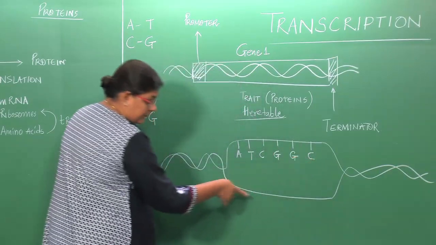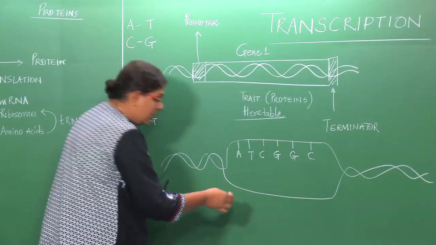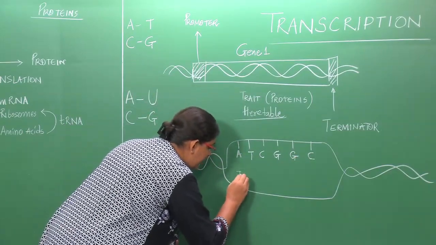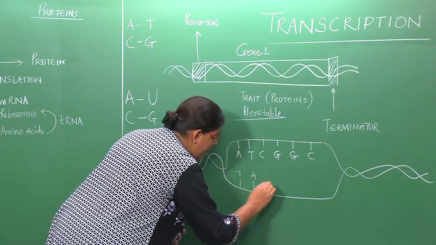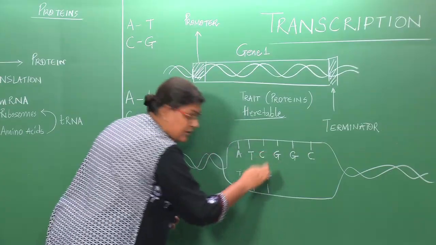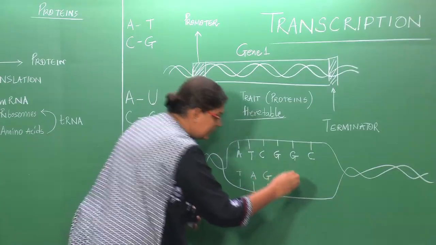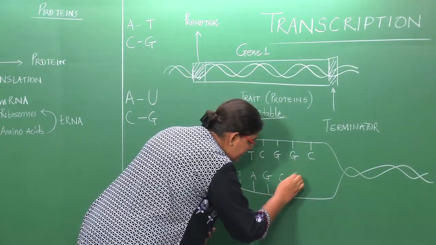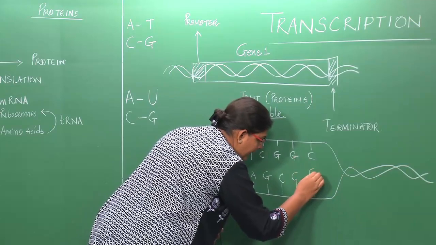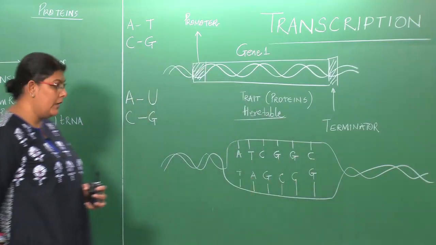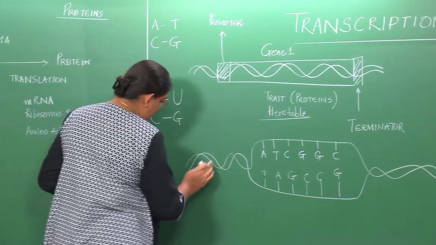Now, the other sister strand on the DNA will obviously have a T, a G here. Here it will have a C because G pairs with a C. Here again G pairs with a C, and here you have a G. Okay.